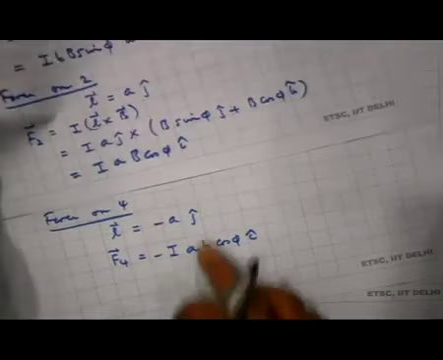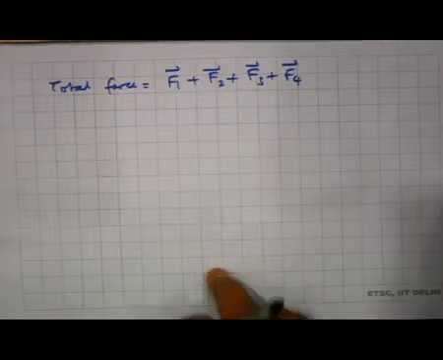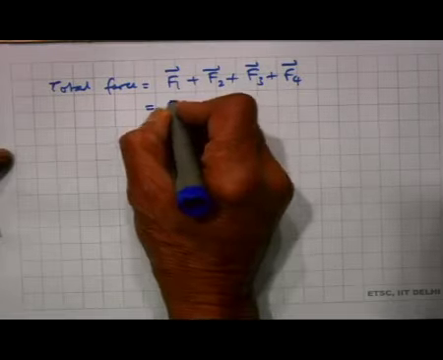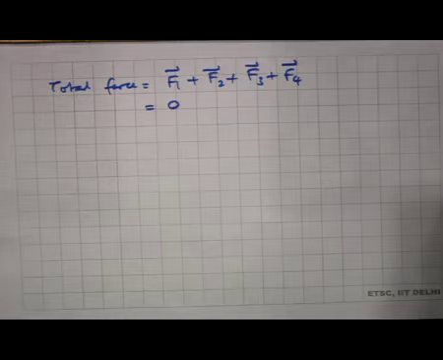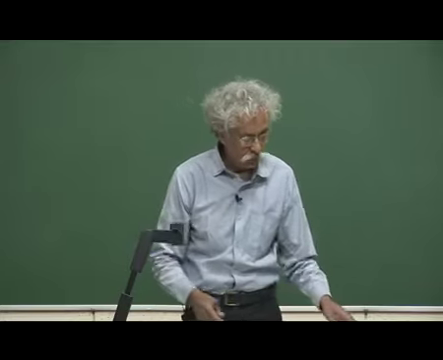Similarly, F2 and F4 are exactly equal and opposite to each other. So, F1 and F3 cancel off, F2 and F4 cancel off, and the total force is 0. So, a current carrying loop placed in a uniform magnetic field has no net force acting on it, and the net force is 0.